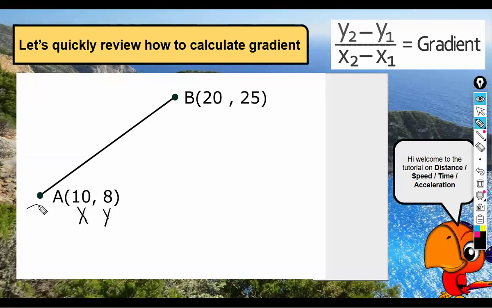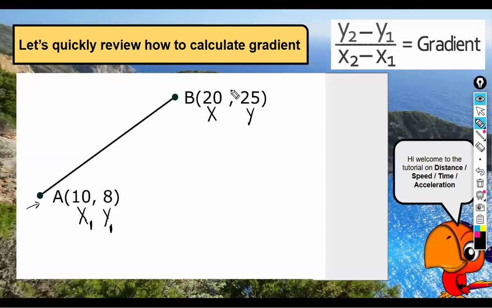Because we decided to choose A first, it will have the subscript x1 and y1. B will also have an x coordinate and a y coordinate. The first one is always x and the second one is always y. Because we chose A first, it has the subscript 1.